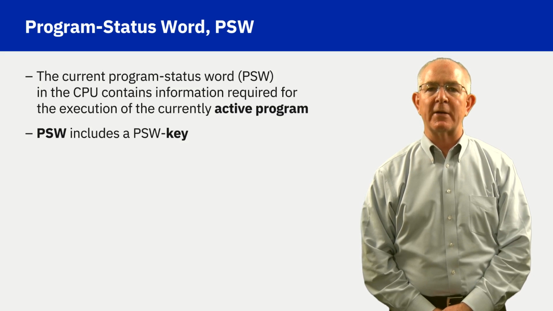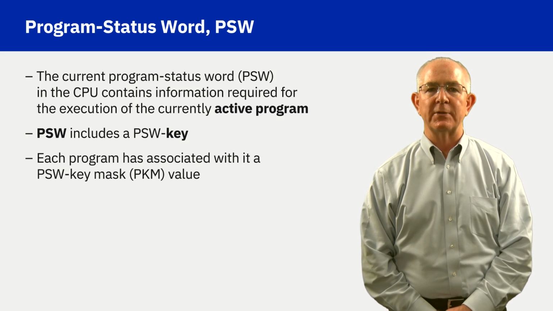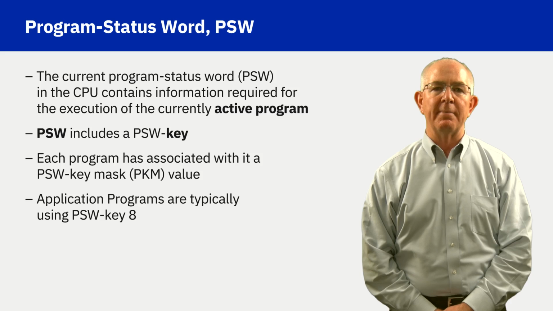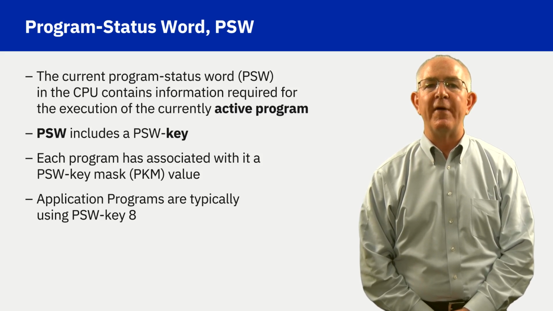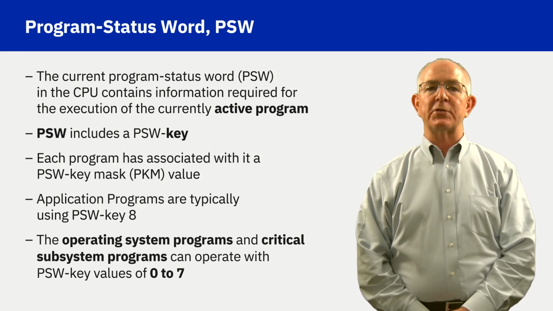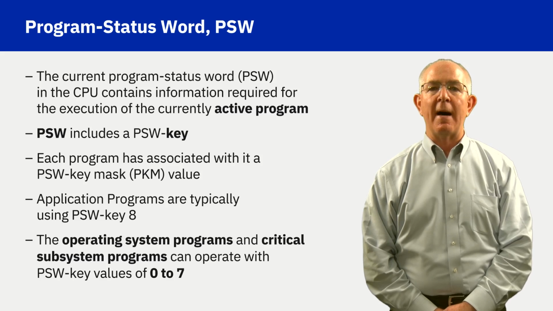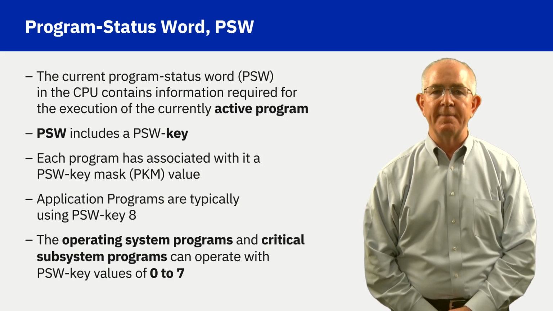As you might suspect, operating system programs need much more authority than application programs. An application program is typically using a PSW key value of 8. Operating system programs and critical subsystem programs can operate with an assigned PSW key value that is less than 8.